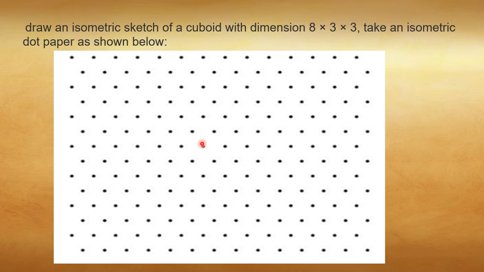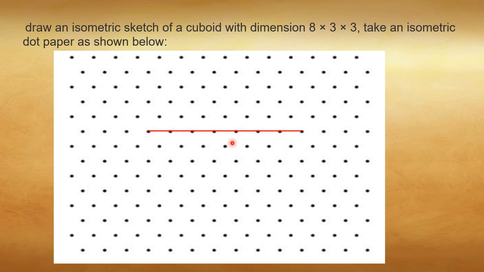When we draw all the dots, and the next line of dots, we have to put the dot between the two upper dots. So in this way we can draw the sheet. Now the dimension is given 8 into 3 into 3. So take the 8 dots in a line like this. So 1 2 3 4 5 6 7 8 dots are taken here.